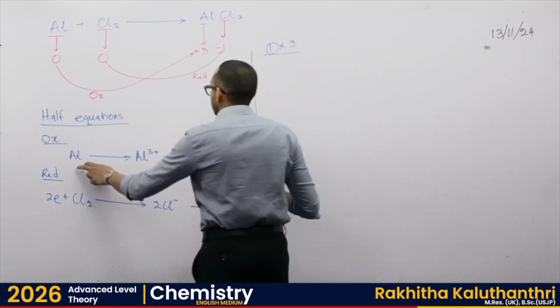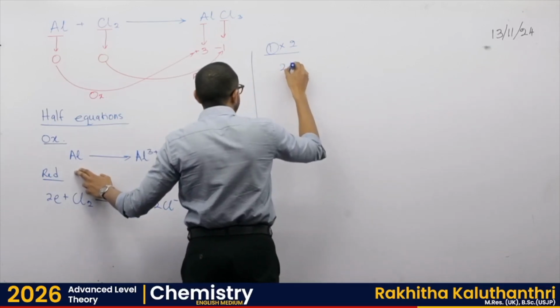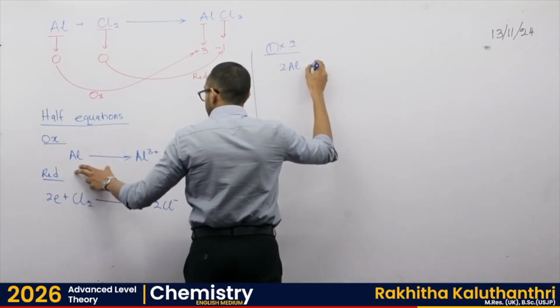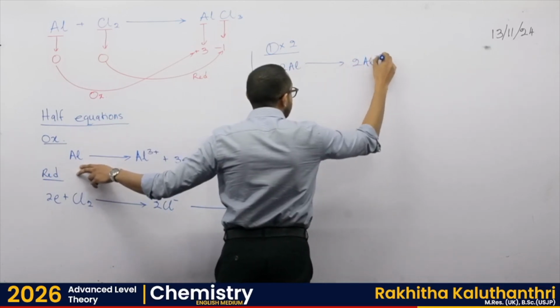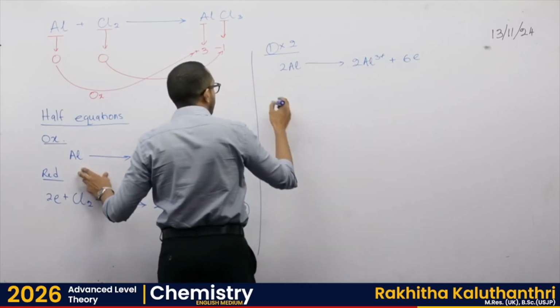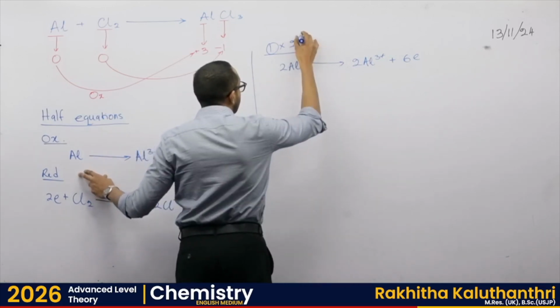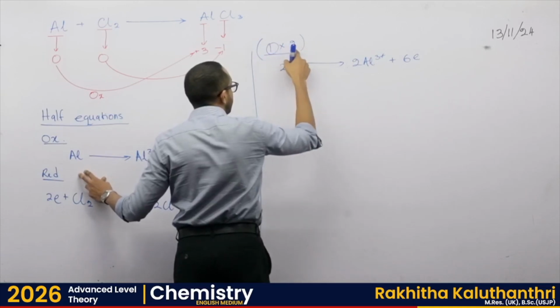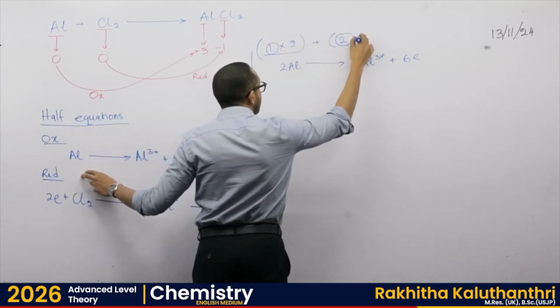So anyway, the first one has to be multiplied by 2, so that means 2 aluminiums become 2 Al3+ and 6 electrons. And then we have, I will write it here itself, right? 1 multiplied by 2 plus 2 multiplied by 3.